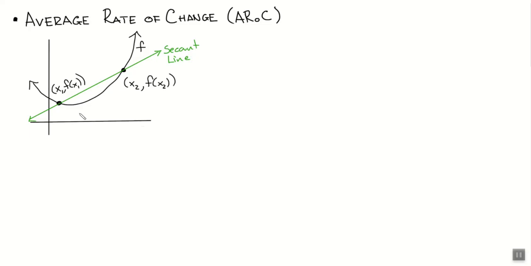Here we go. The average rate of change, AROC, is equal to... I'm going to do 2 different things here. We're going to do it the wordy way. What letter do we use for slope, by the way? M. And I'm finding the slope of what kind of line? M sub secant is fine and dandy. Conceptually, I want you to have this ready to roll. How would you actually find the slope given those 2 points?